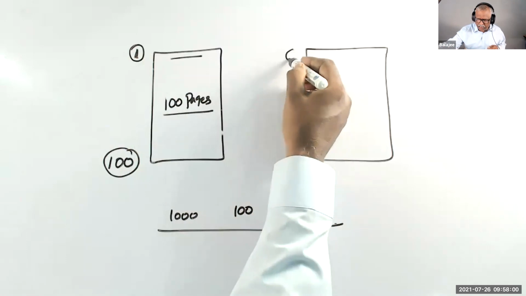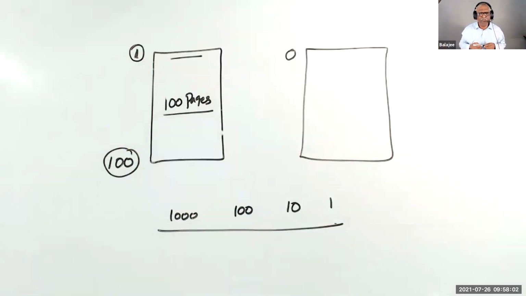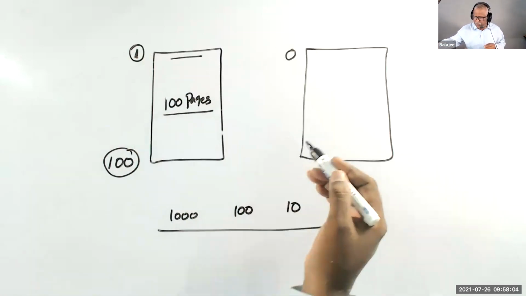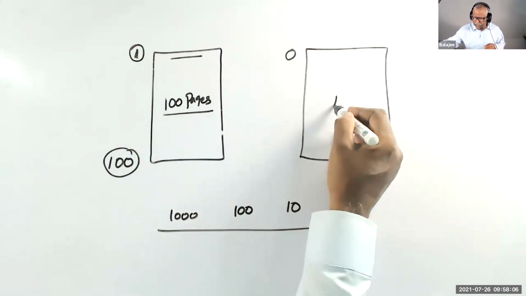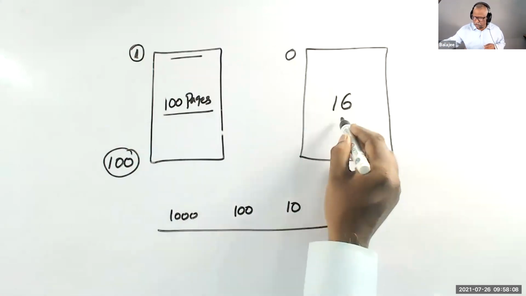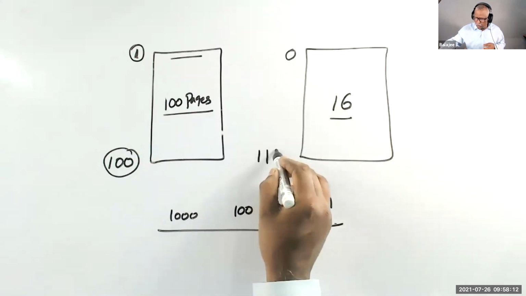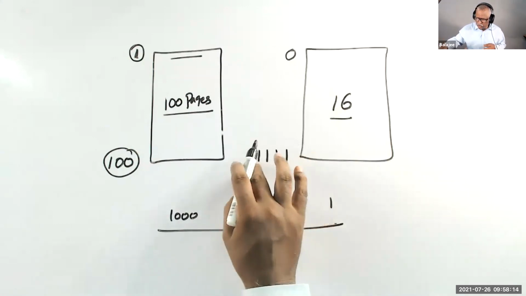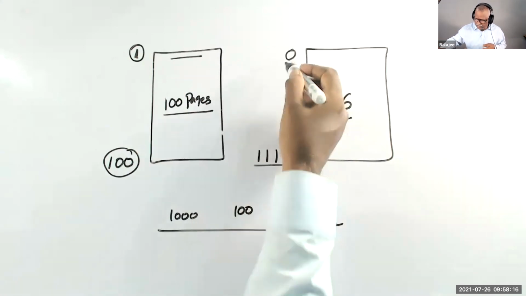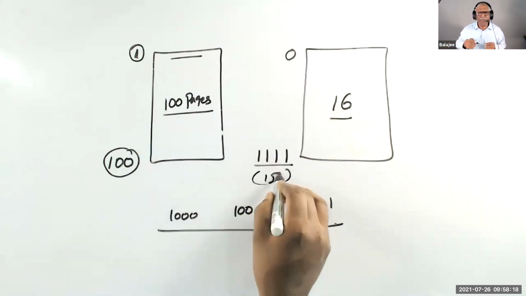I told you in binary we start from 0. Let us assume that we have about 16 pages. That means we write 1, 1, 1, 1. So this means 15. This is actually 15 in decimal.